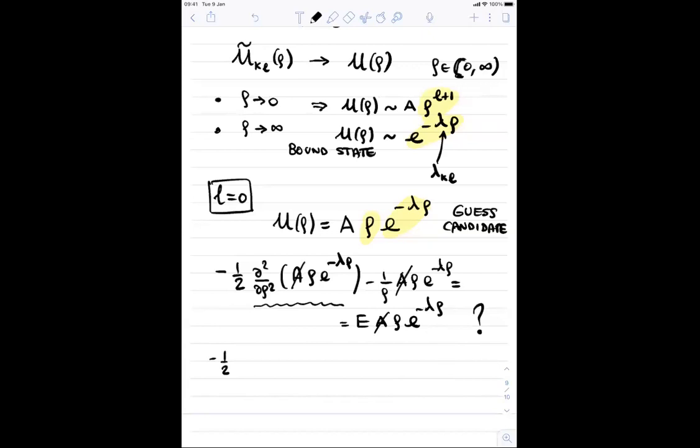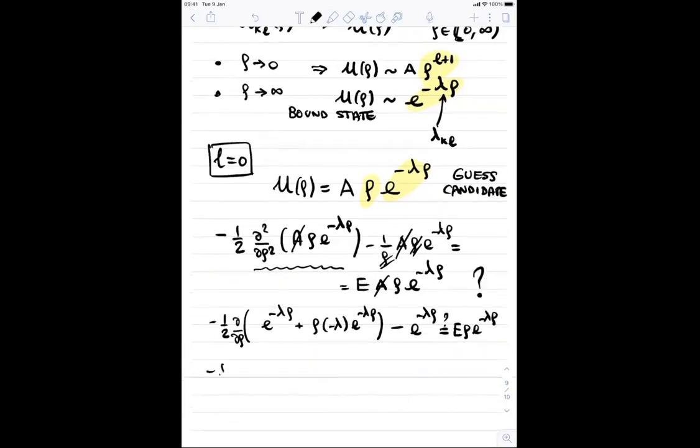First derivative. I take the first derivative of rho e to the minus lambda rho. So I get e to the minus lambda rho plus rho times minus lambda e to the minus lambda rho. And then I have minus. By the way, the rho and rho cancel, so minus e to the minus lambda rho equal, question mark, to E rho e to the minus lambda rho. I proceed. I do an extra derivative, minus 1/2.